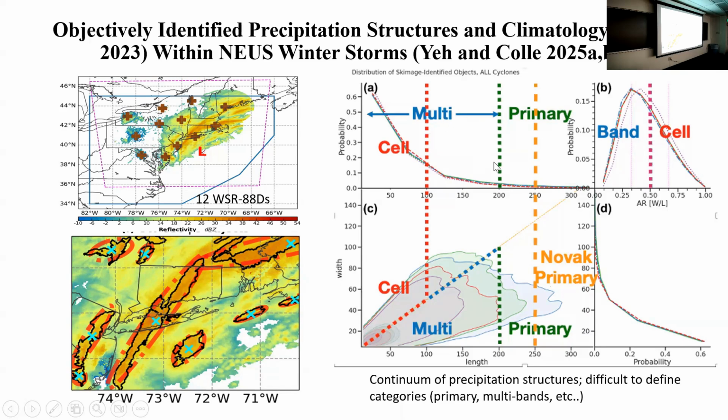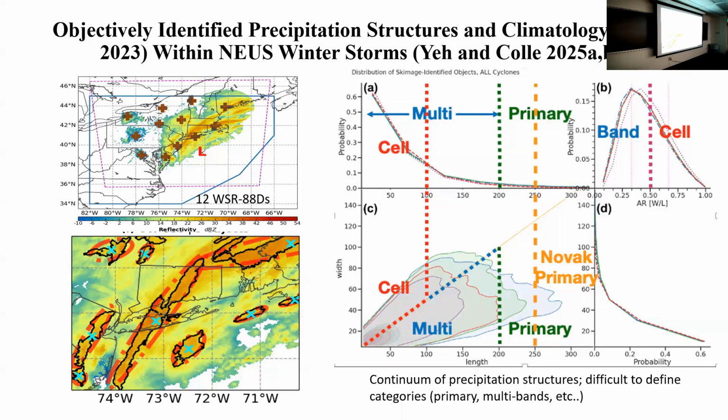This clearly shows that those definitions of larger scale primary bands and smaller ones are completely arbitrary, because in reality, you have a really nice distribution here. There's no clear demarcation. You can see the cloud here, how these definitions fit into the overall realm of length and width. So there's a full spectrum of these structures, and that animation probably illustrates that, even the one I just showed you.